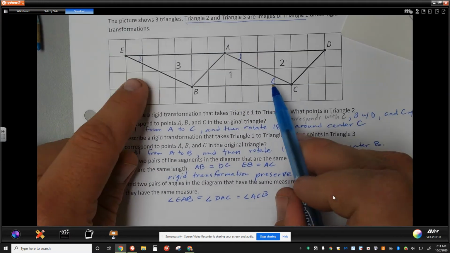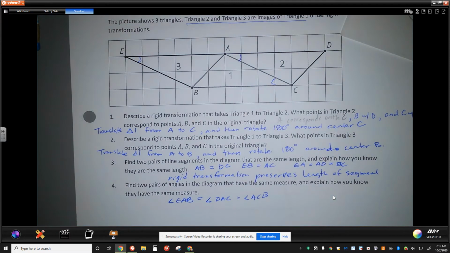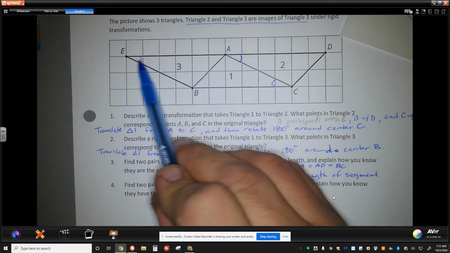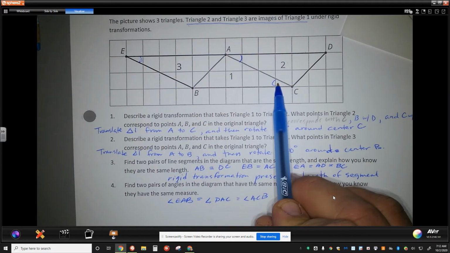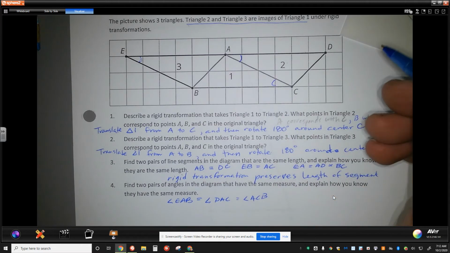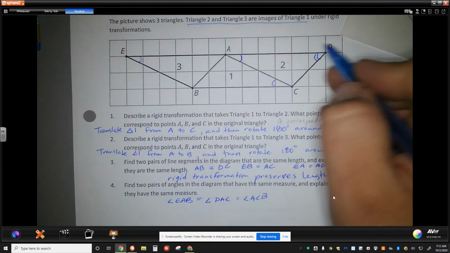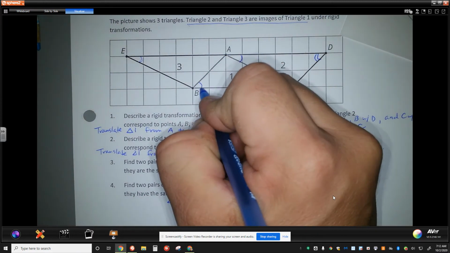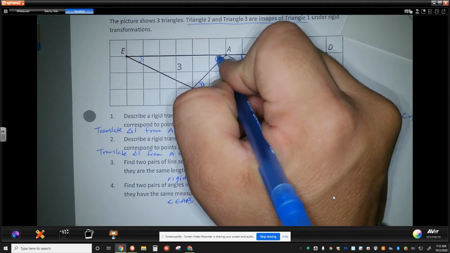We have to see that all three of those angles must be equal to each other because these two angles are direct images of this angle under that translation and that rotation. So what we could really see is that each of these three angles in here, this next angle, angle ADC, is that smaller angle there, which is equal to angle ABC, which is also equal to angle EAB.